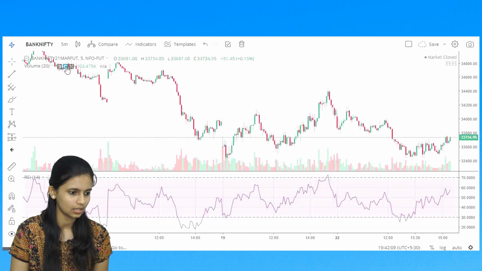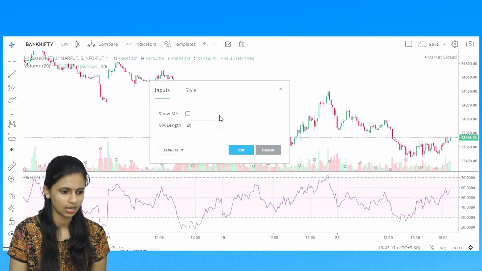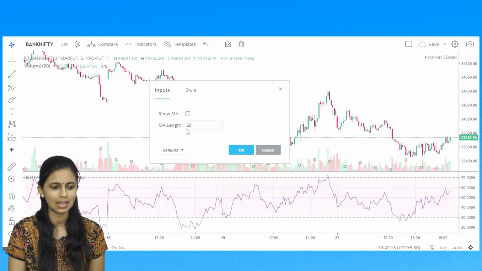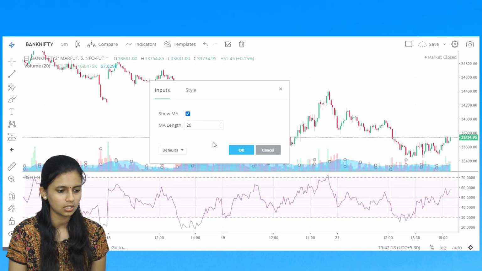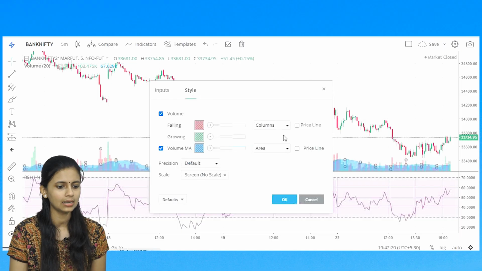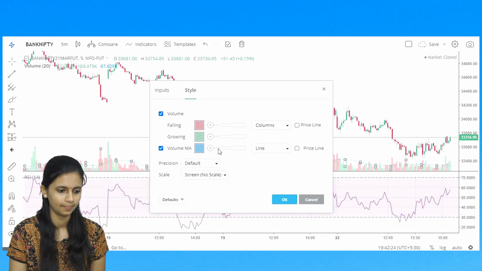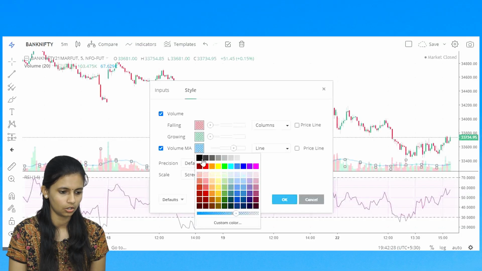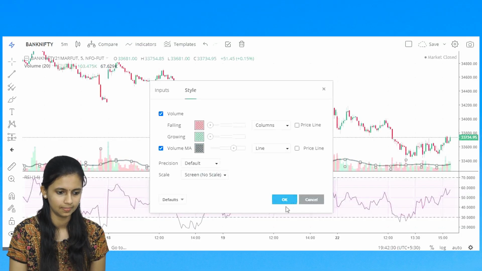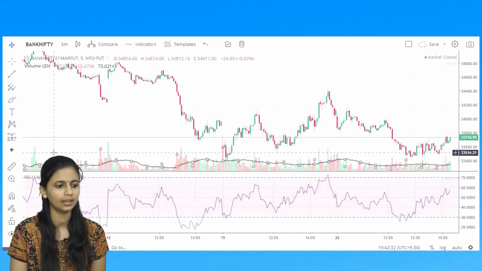Now once you select this, you have to do a small change over here. This MA length 20 will be selected already in volume. You have to check this show MA, and in styles you have to change this area to line. I'll just change this color also so that it will be clearly visible, and then click OK.